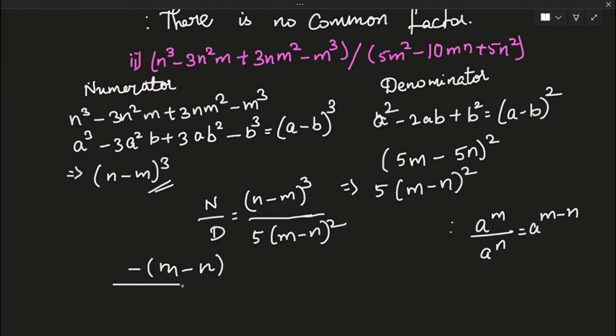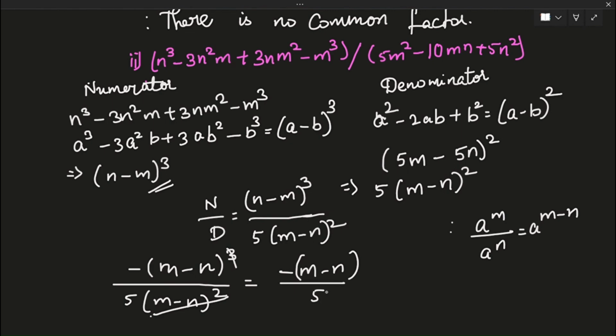Okay, so we can write it like this, divided by 5 times (m minus n) whole square. So already we said, right, here it is a power 3, then a power 2. So this part and this will be cancelled. So what is left out? Minus (m minus n) divided by 5 is the answer.